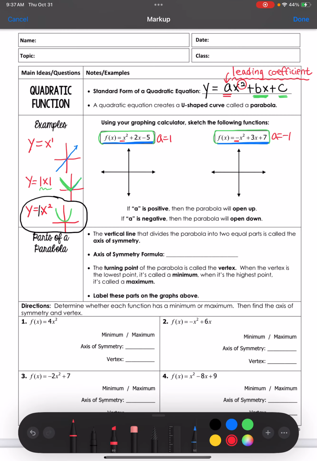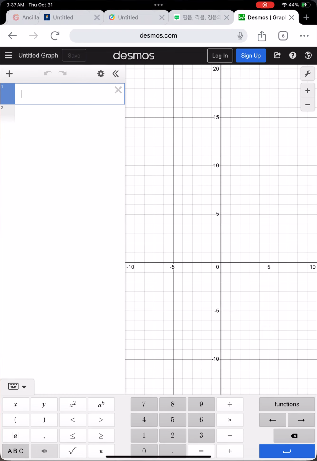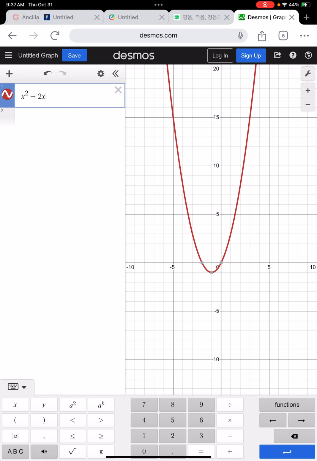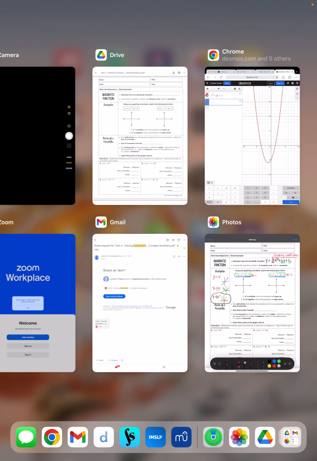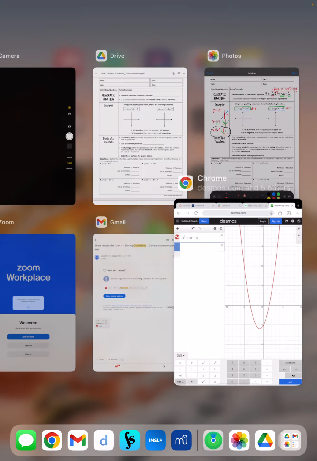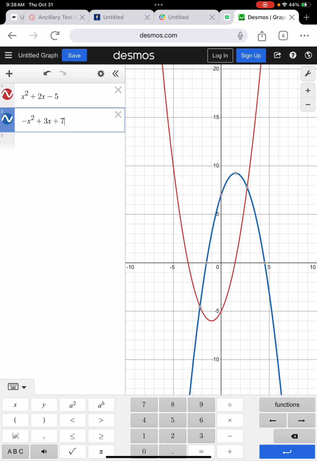Let me bring up x squared plus 2x minus 5 first. x squared plus 2x minus 5, which looks like this. And then second, the other graph that we had was minus x squared plus 3x plus 7.